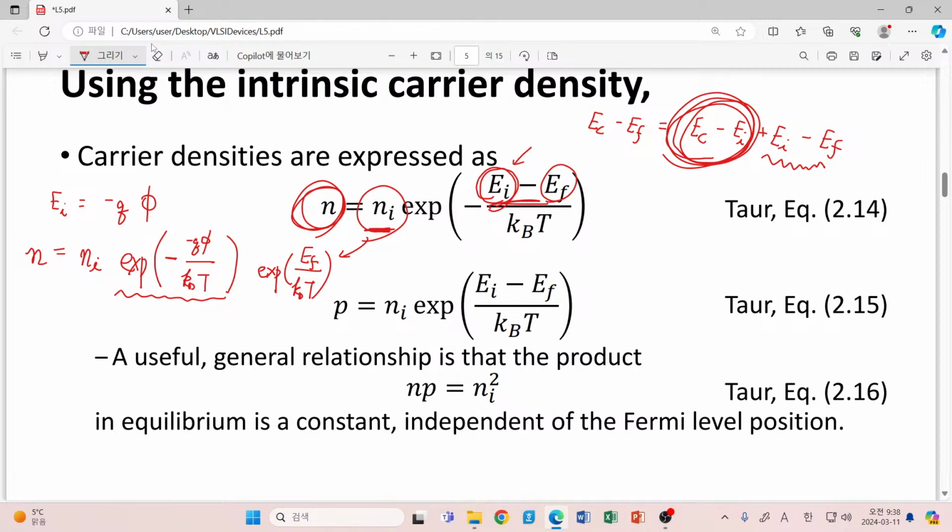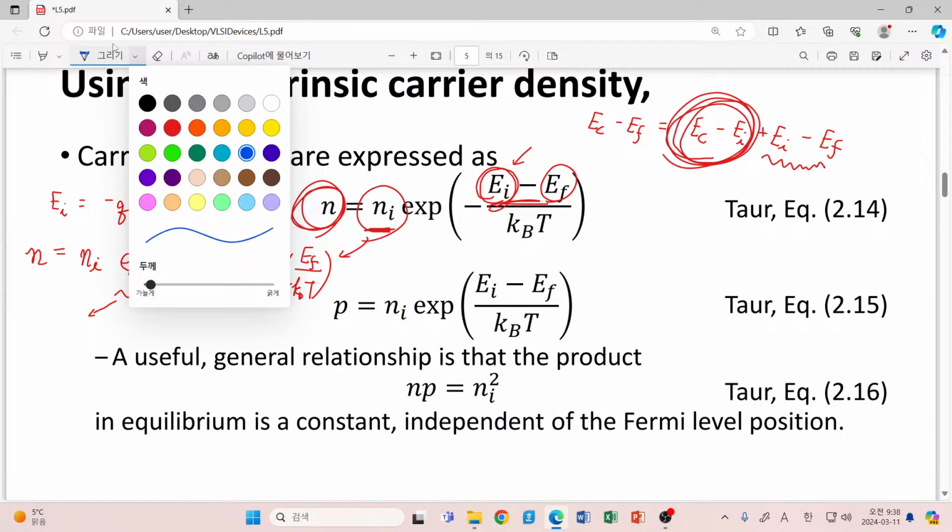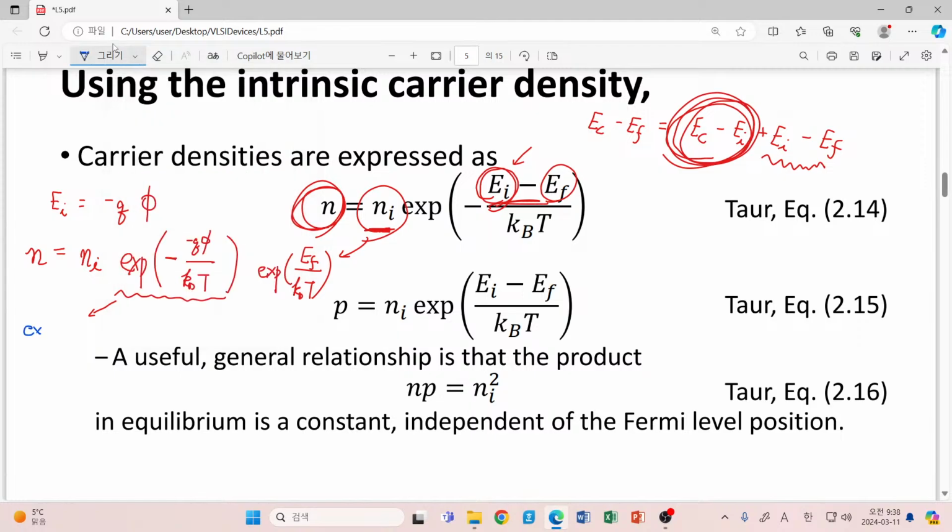Then this quantity, without any approximation, we can write down in this way. It is exponential, and here we have a minus sign, they are just cancelled out.